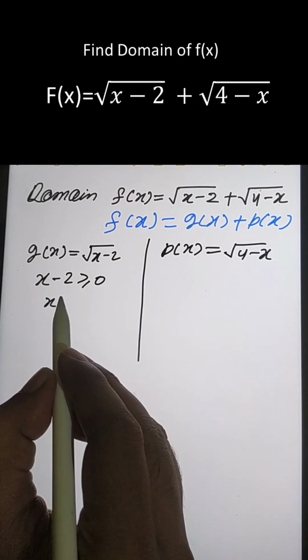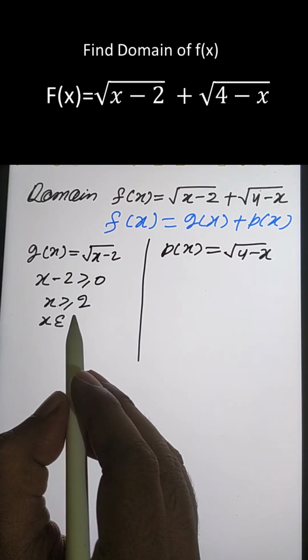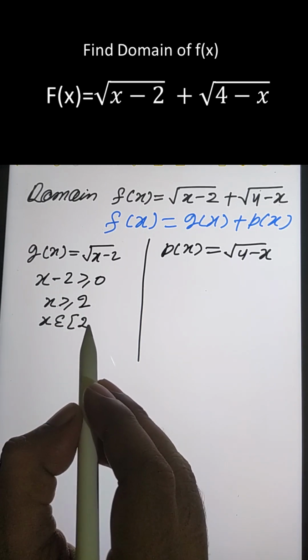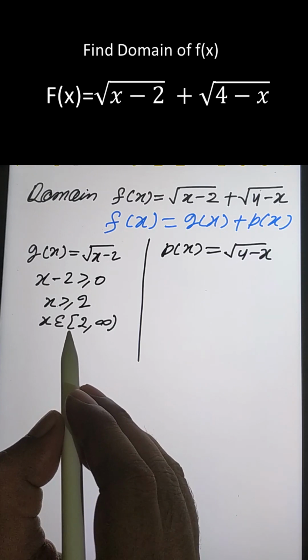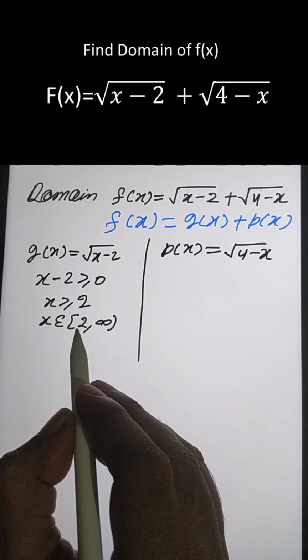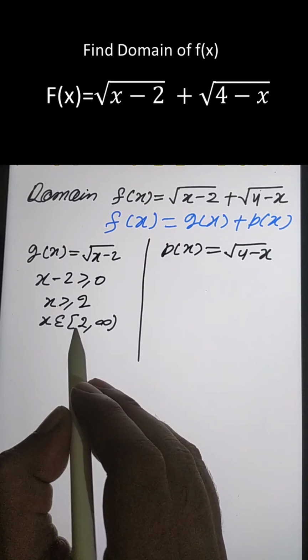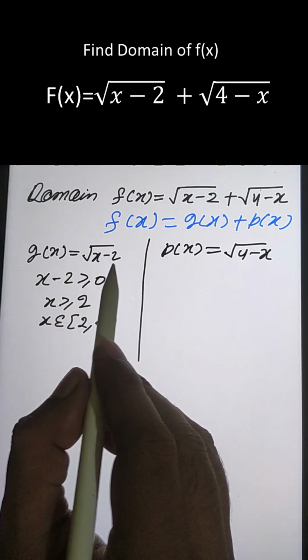So you can say x is greater than or equal to 2, or x from 2 to infinity, with a closed bracket at 2 and an open interval at infinity. If you put 2 or any value greater than 2, we get a defined function.